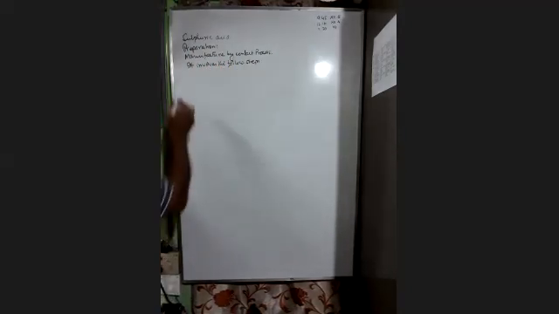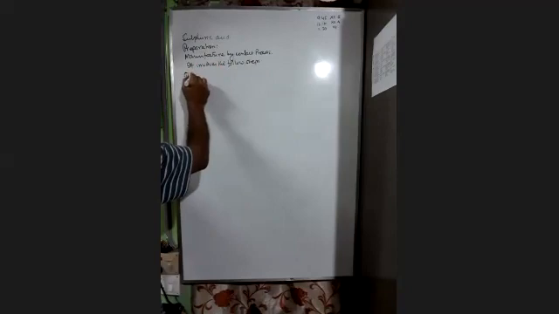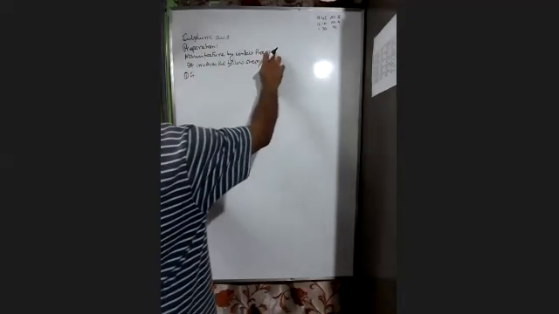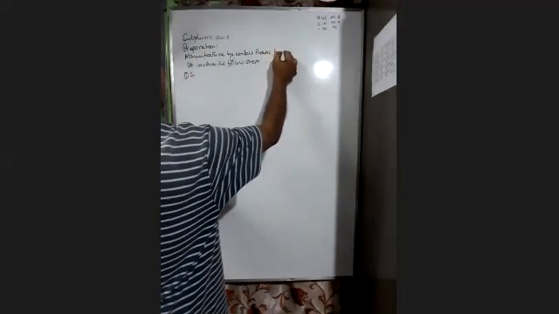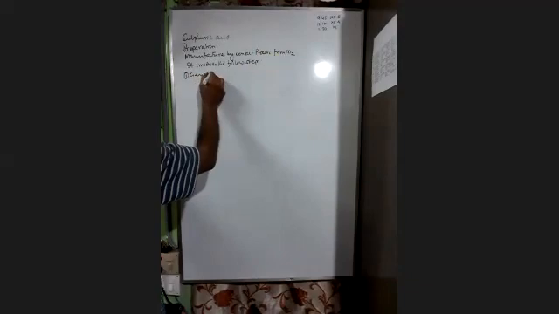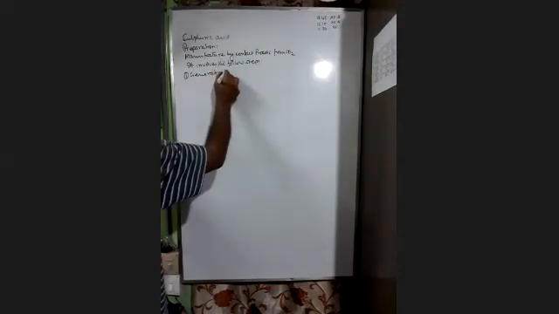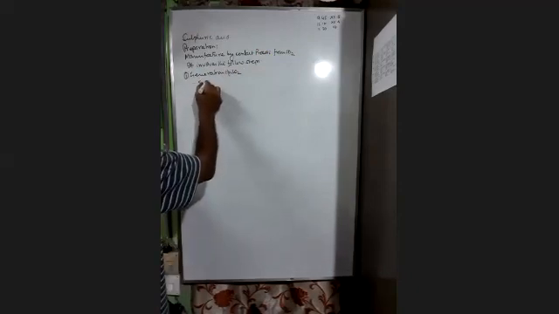So now, 1. Generation of sulfur dioxide. You know it, how can you get it? You can get it by burning sulfur.